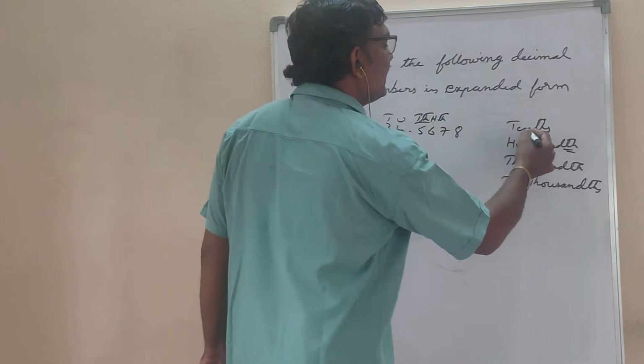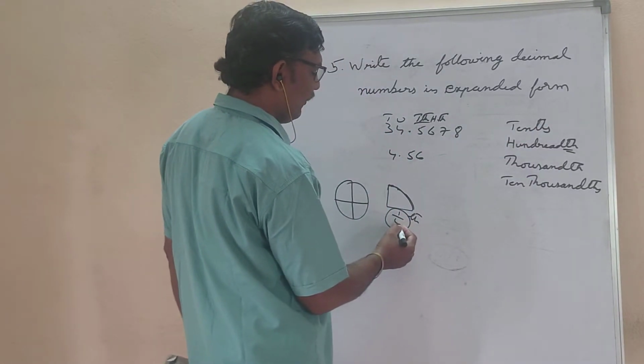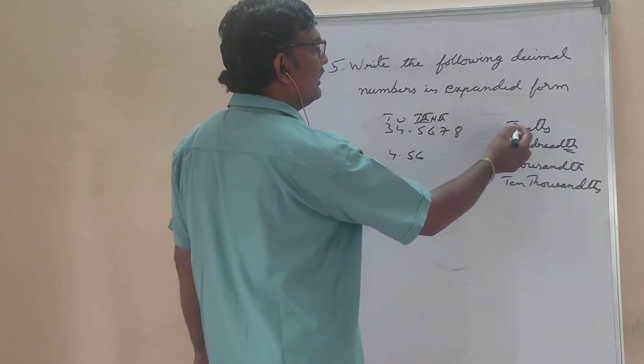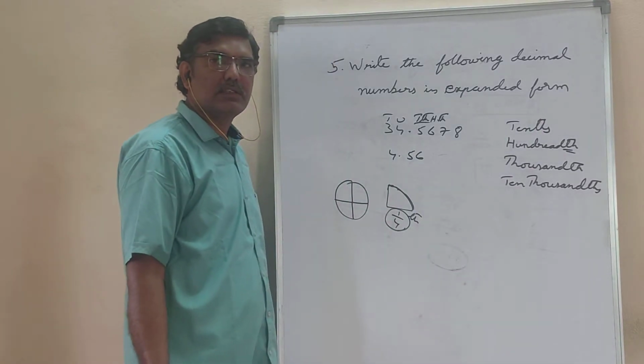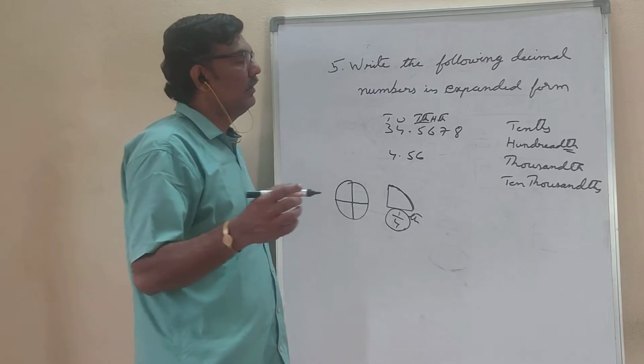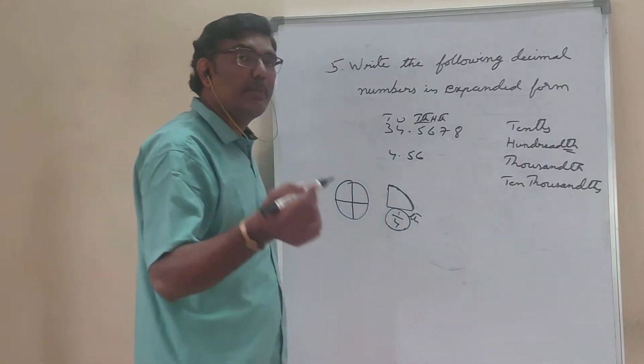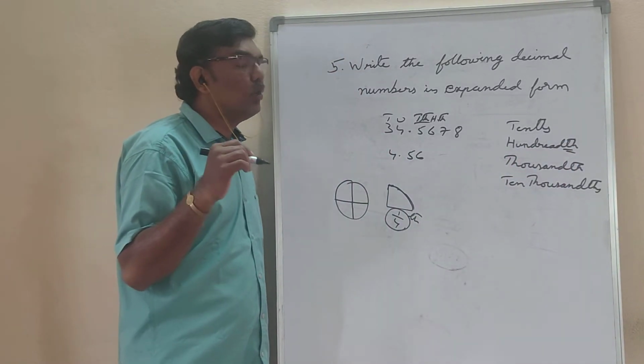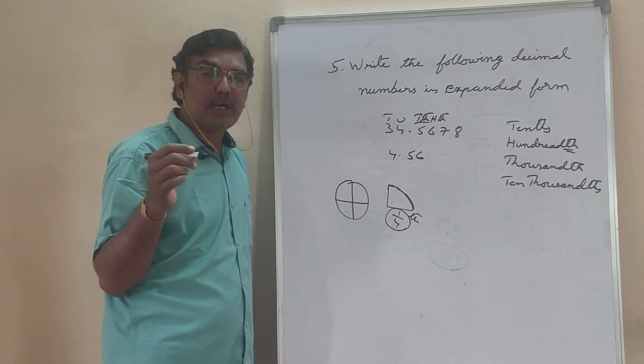So tenths means 1/10, hundredth means 1/100, thousandth means 1/1000.